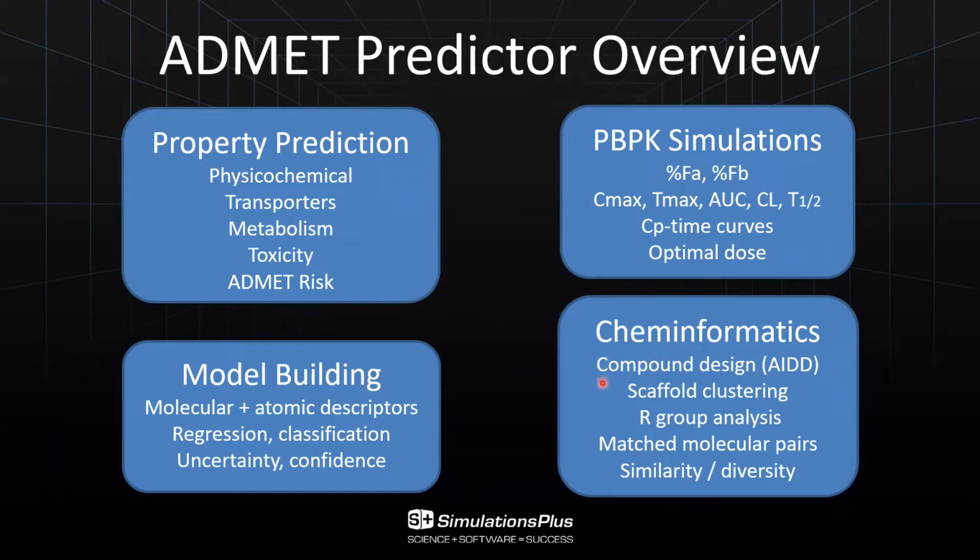There are features for organizing compounds by common scaffold, R group decomposition, matched molecular pairs, and several others. And I'll come back to several of these areas in the remainder of the slides and in the demo.